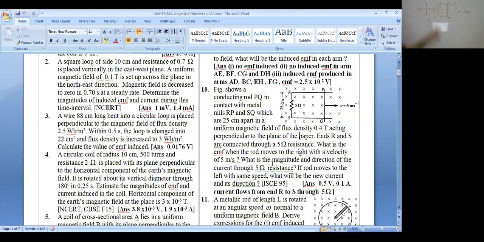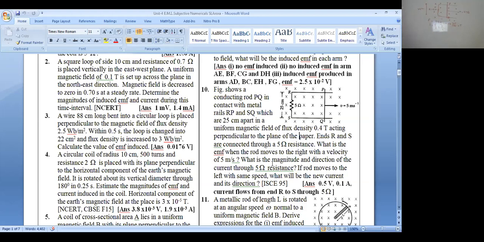B is 0.4 Tesla, length is 25 centimeter, converted into meter, and V is 5. This way we calculate E, and then E divided by 5 ohm gives the current.